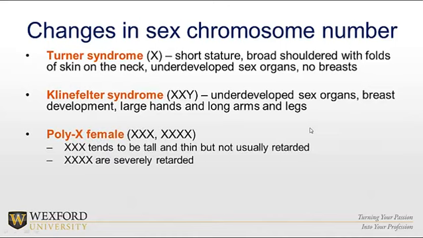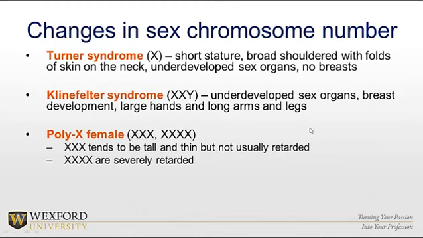What about polyfemale? We have triple X or quadruple X. Well, with triple X, once again, you're getting overexpression of that extra X chromosome. So it tends to be tall and thin, but not usually mentally retarded. However, if you have even a second extra one with XXXX, they tend to be severely retarded. And once again, why are we having this mental retardation?